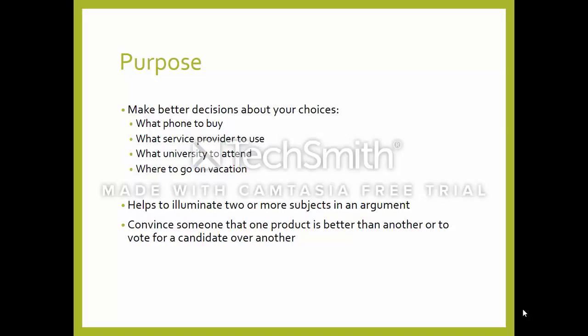What university to attend, based on in-state tuition or out-of-state tuition or private or public. These things matter, and obviously sometimes the benefits outweigh the cons. So that's why you compare and contrast.